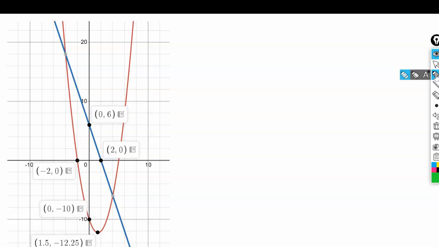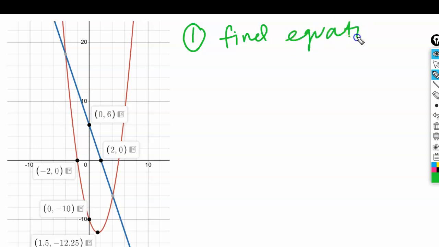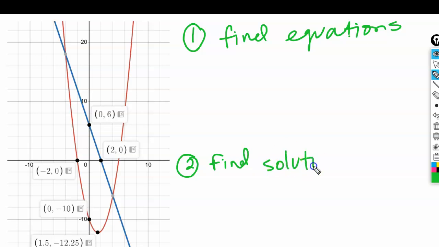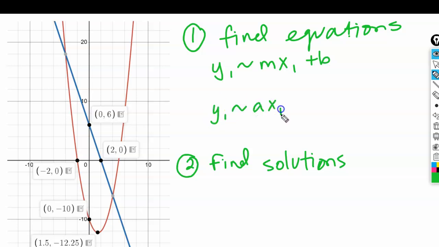So first, you're going to need to find the equations, just like we did in the last problem, and then you're going to need to find the solutions, which is where they cross. When we find the equations for the straight line, you're going to use this. For the parabola, the U shape, you are going to use this one.